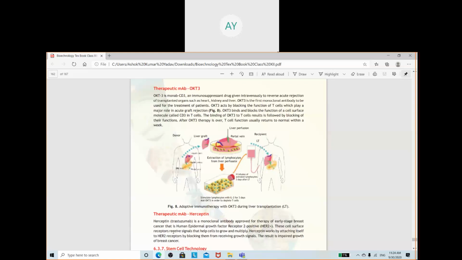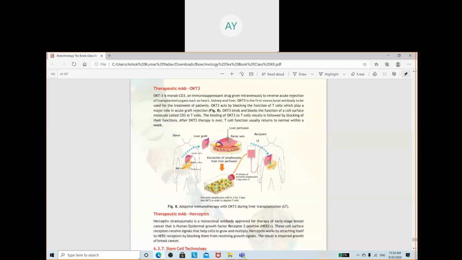All of you must listen carefully. What are the two therapeutic monoclonal antibodies? One is OKT3 and one is Herceptin, which is used for treatment of breast cancer. How is it helpful?